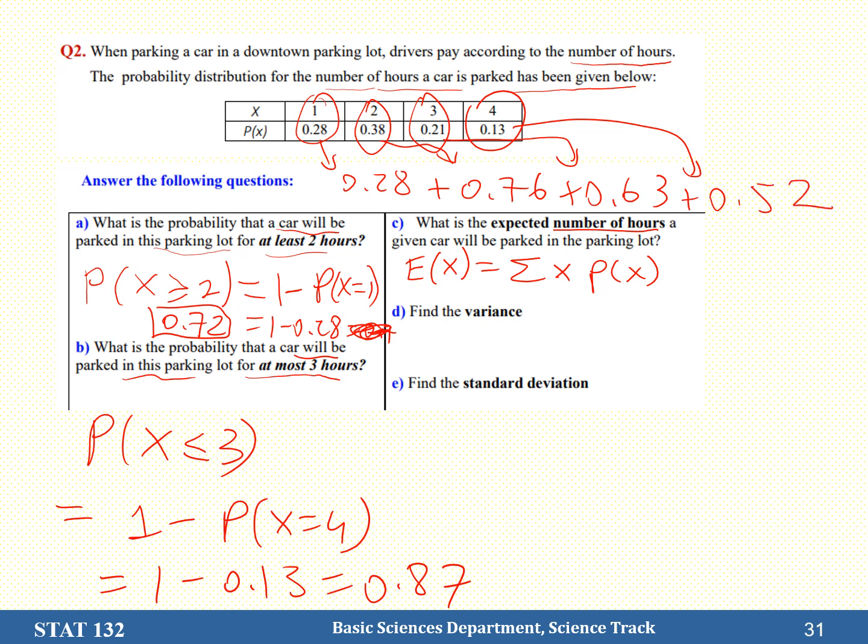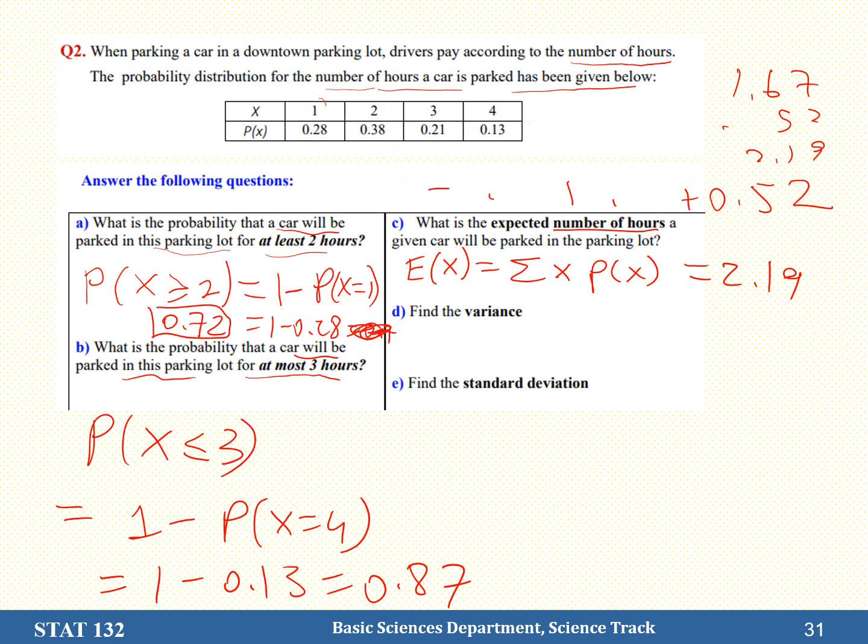Then when you add them, it will give you 1.04, 1.67, and with 0.52 we got 2.19. If I'm not wrong, it has to be 2.19.